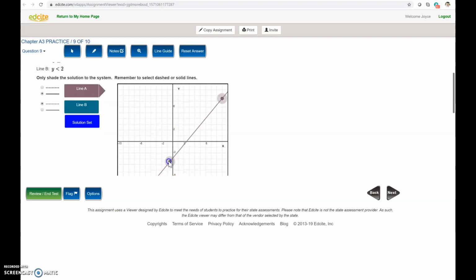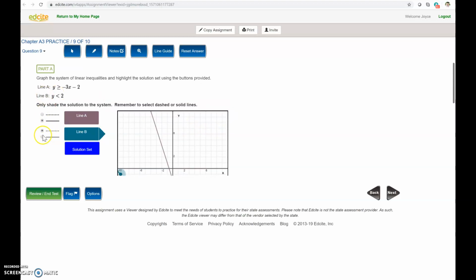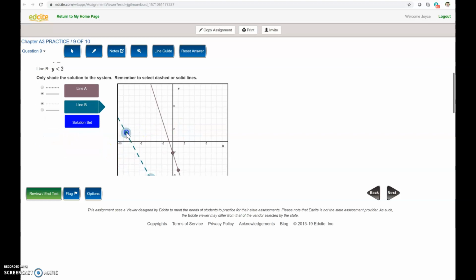Our y-intercept needs to be at negative 2, and our slope needs to be negative 3. So down 1, 2, 3 over 1. Then I'm going to enter line B, and again, look to see if you want solid or dashed. We want dashed. This one is a horizontal line at 2.